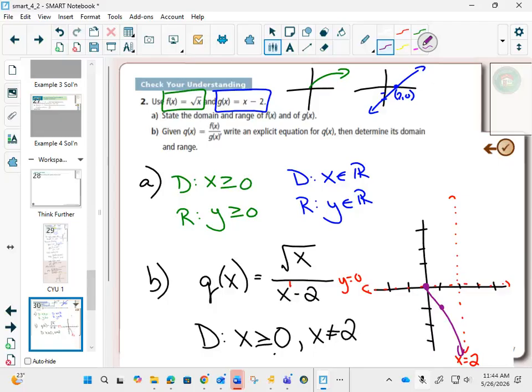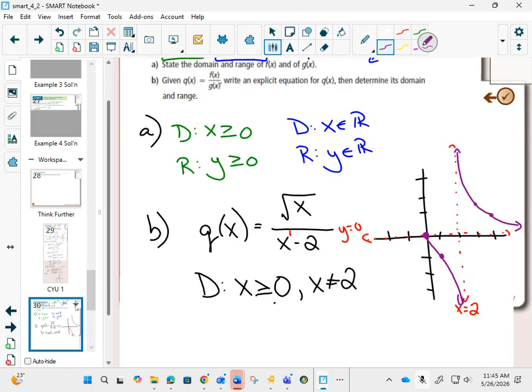Square root of 4 is 2, and 2 divided by 2 gives 4, 1. Then it goes towards the asymptote. This is what the graph looks like.